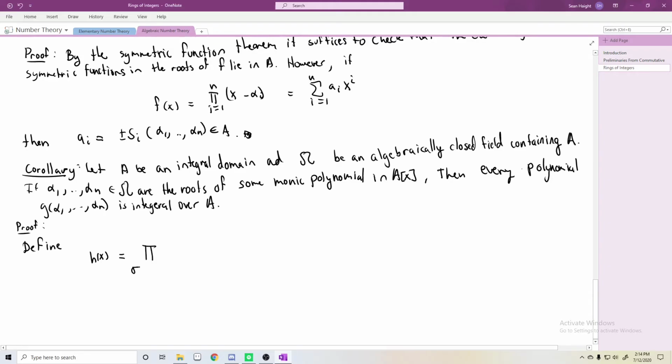It's going to be a product over the elements sigma of the symmetric group on n letters of (x minus G(alpha_sigma(1), ..., alpha_sigma(n))). Okay, and this is going to live in omega[x]. So I claim the coefficients of h lie in A. Actually, h is in A[x].